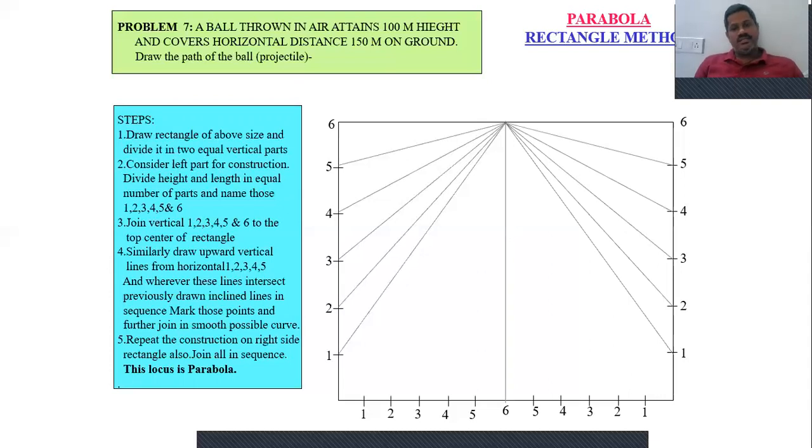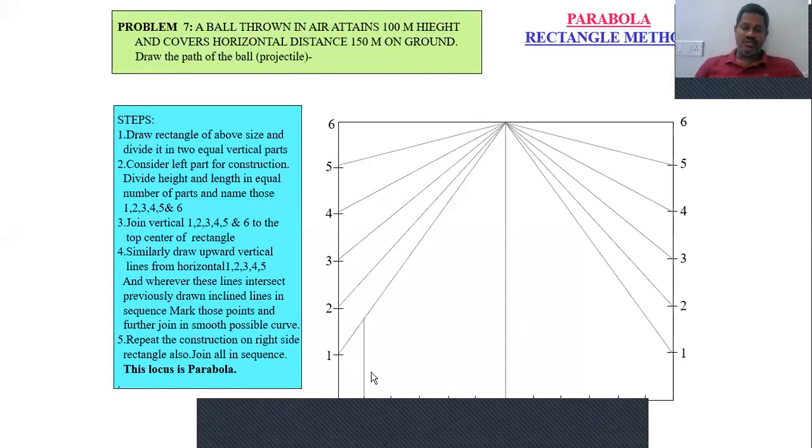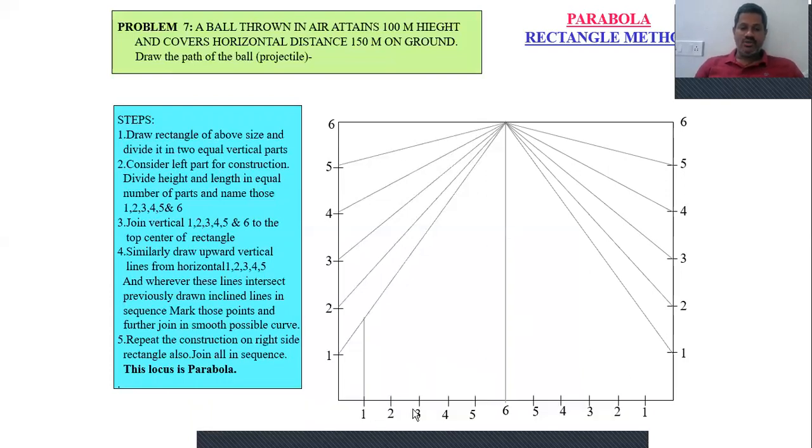After joining the mid of the rectangle with the division points on the height of the rectangle, draw vertical lines from the horizontal points that we have already divided. Then we have 1, 2, 3, 4, 5, 6. We divided half of the rectangle into the same number of divisions as the height.